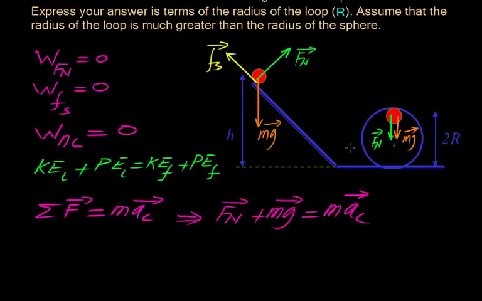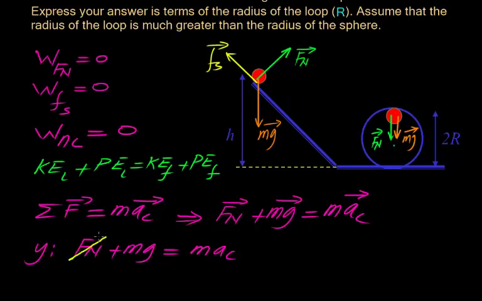Notice that both forces are pointing towards the center of the loop, therefore both of them are going to have positive components. Along the y direction, which is the straight down direction, we have Fn and mg, both of them positive, equal m times the centripetal acceleration.